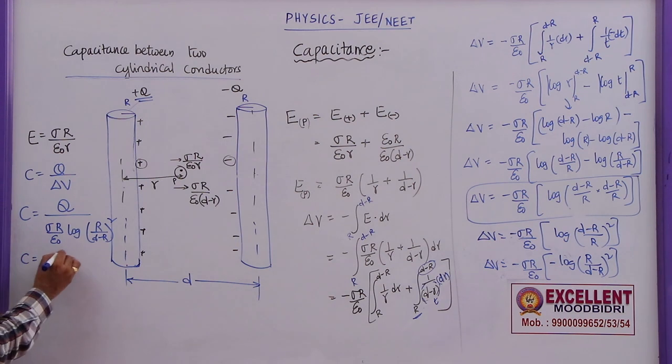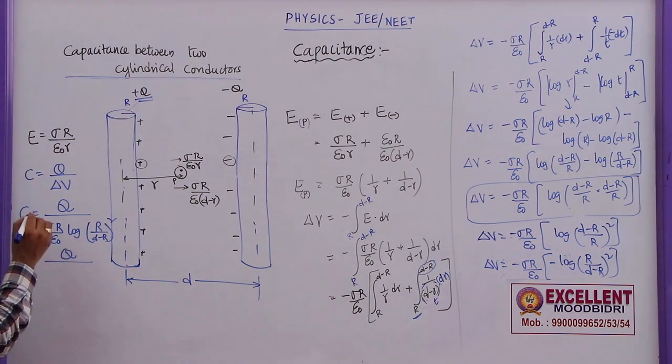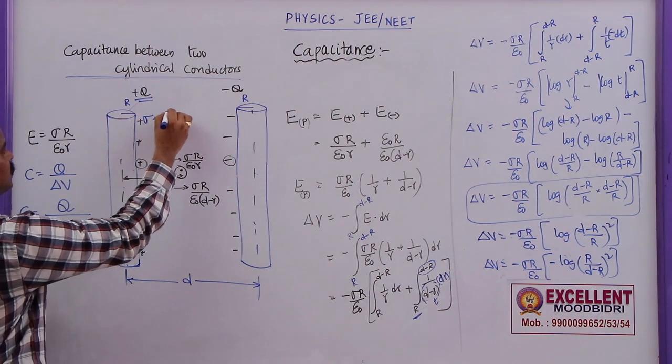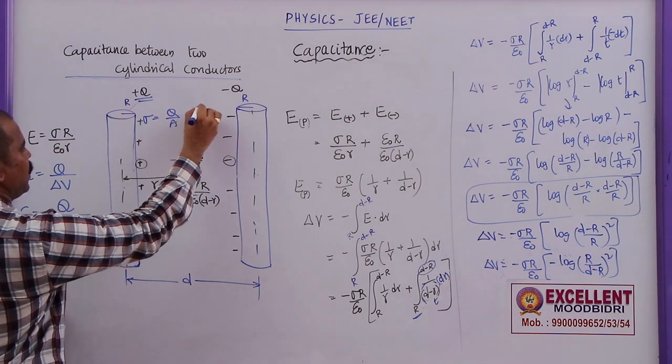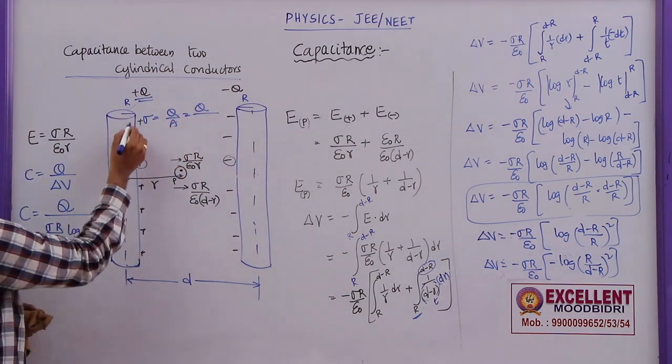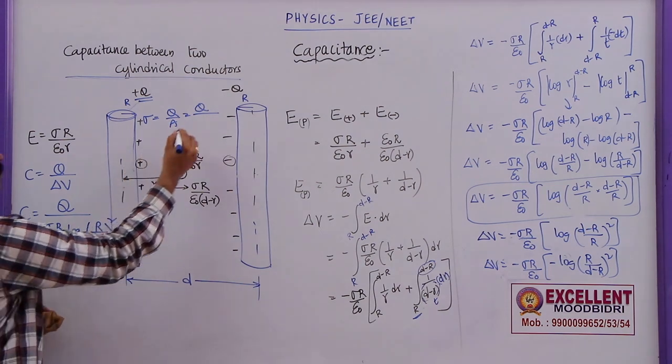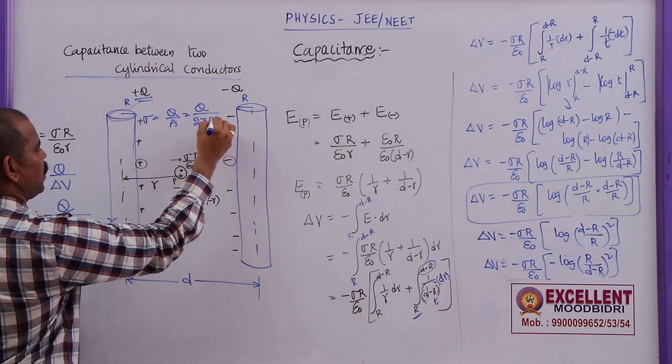Now, what is this C? C is equal to Q by delta V. Sigma surface charge density is equal to charge per area. So, Q by, what is the area of this outer surface? This is given by 2 pi r.